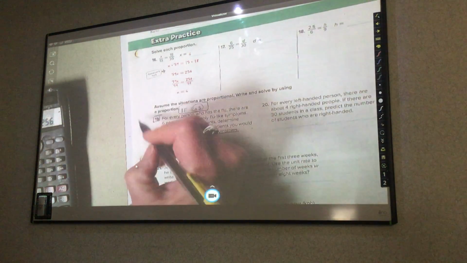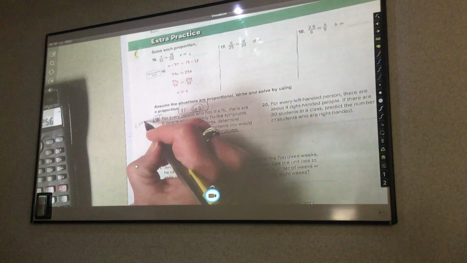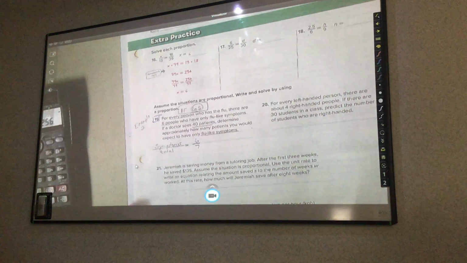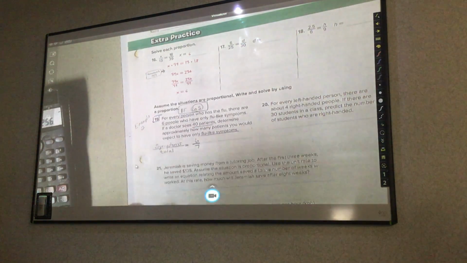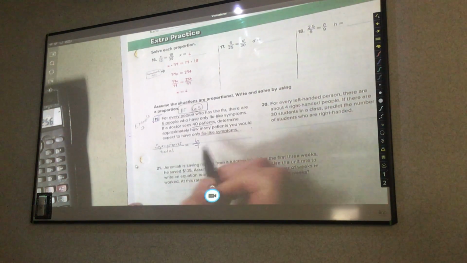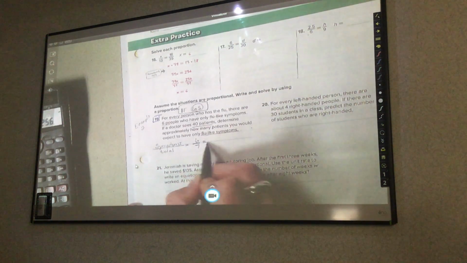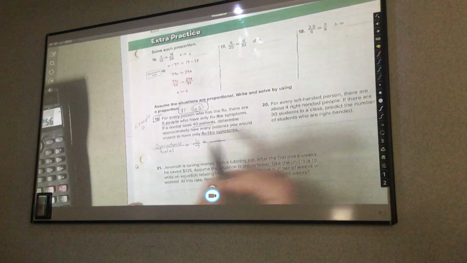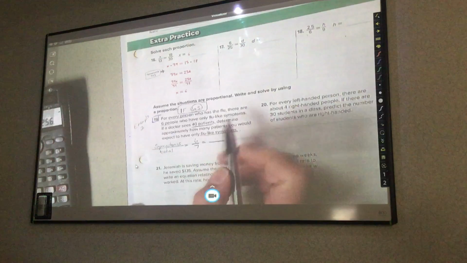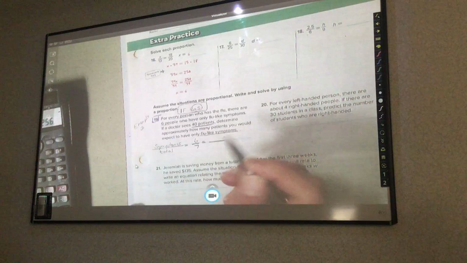This is like example number 2, it was like question number 5 from yesterday. So 6 out of 7 people have flu-like symptoms. Now we want to know how many people would have flu-like symptoms out of 40 patients. Does the 40 go on the top or the bottom?